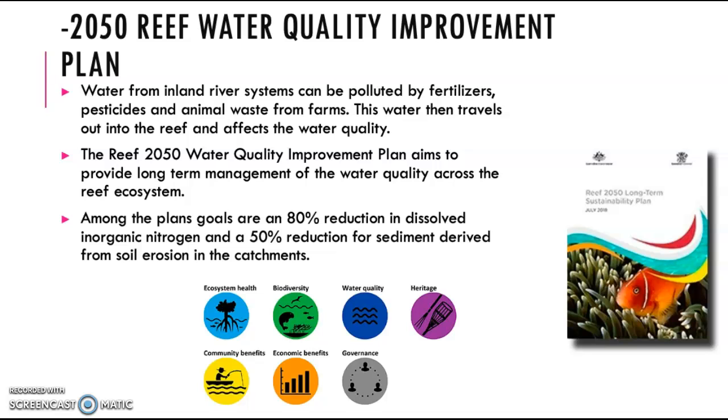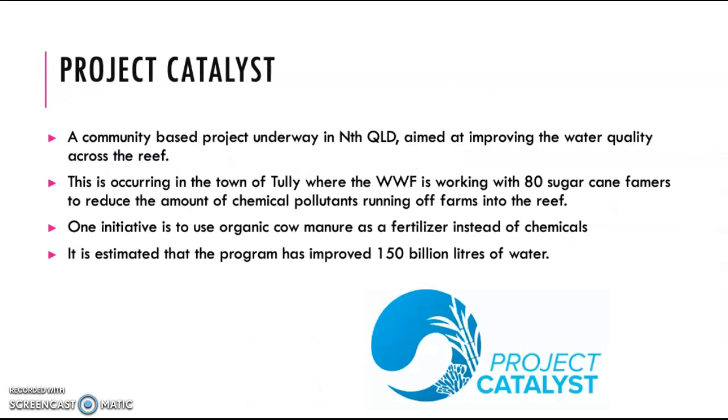The second last strategy we're going to look at is Project Catalyst, and that's a community-based project that's underway in North Queensland. And it's where a town called Tully is working with the World Wildlife Fund to reduce the amount of chemical pollutants that come off its sugarcane. Now, sugarcane is a very big industry for North Queensland because it grows so well in their tropical conditions.